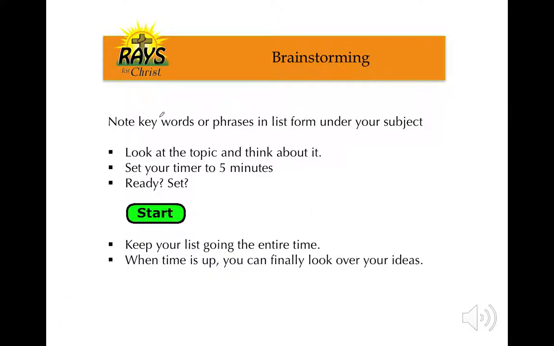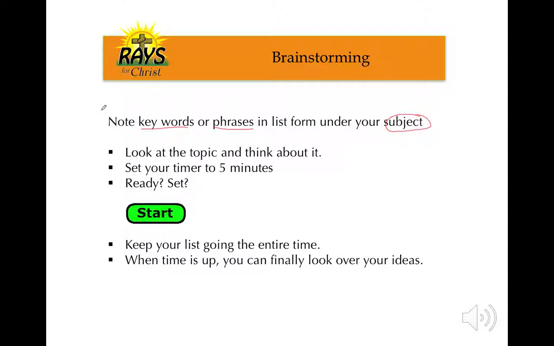One of the things you can do is note these keywords or phrases in your writing prompt, and start listing them in form under the subject. Okay? You could also, if you've done both, you can go to your free writing prompt and start underlining some keywords or phrases that were popping up in your free write.